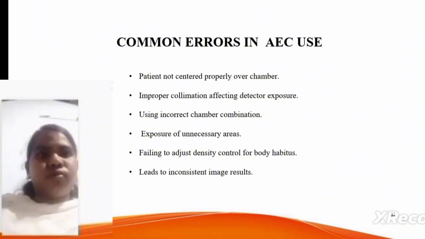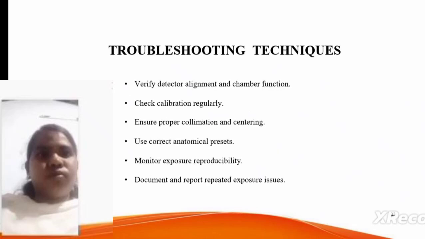Next are common errors in using automatic exposure systems: patient not centered properly over the chamber, improper collimation affecting detector exposure, using incorrect chamber combinations, and exposure of unnecessary areas.